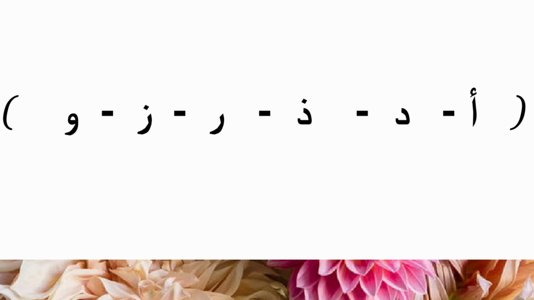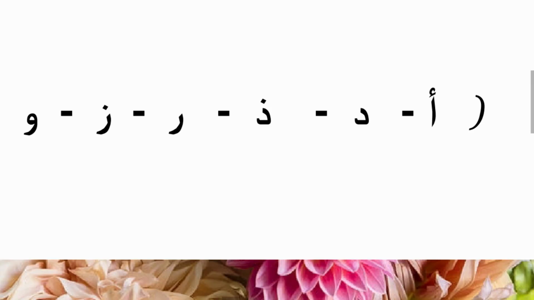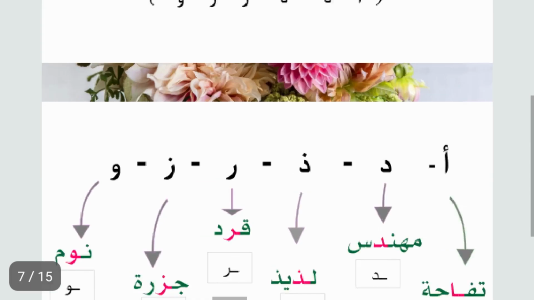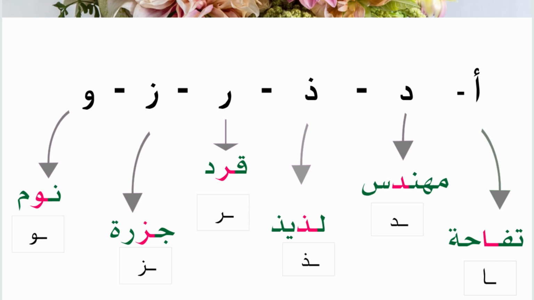All you need to know is that the left of these letters is always free. No short line is ever attached on their left. Let's see how. As you see, there is no short line attached to the left of any of these letters.